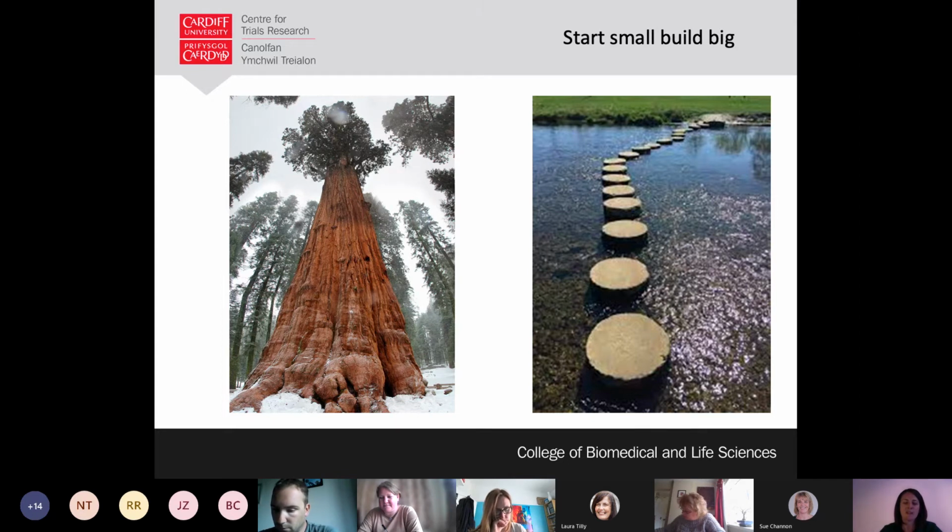And that's great, because that's the kind of evidence that's needed to answer questions about effectiveness. But quite often there's some steps that need to be taken before somebody can get to that definitive RCT. So it might be that you need to do a feasibility study. So feasibility answers things like, could you recruit to a trial? Can you deliver the intervention as you think you can?